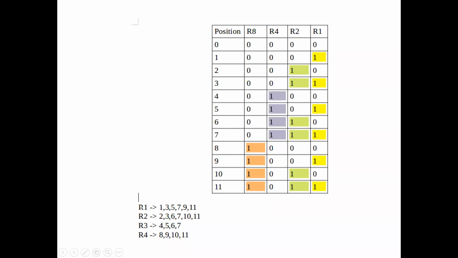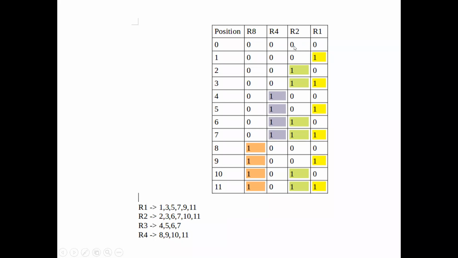So to find R1, we take the bits at positions 1, 3, 5, 7, 9, 11. Why? Because these positions have a binary representation with least significant bit 1. Next, for R2, the second position from LSB.